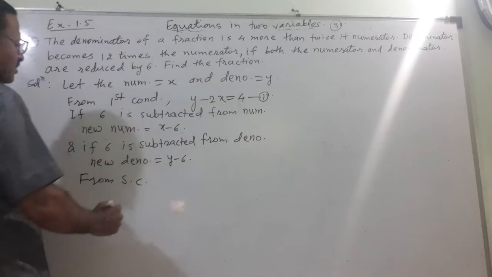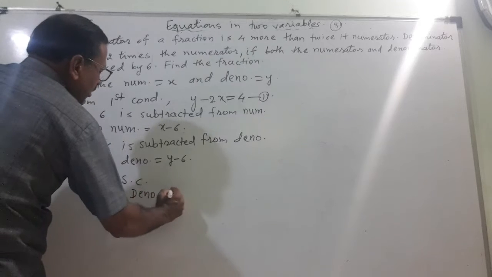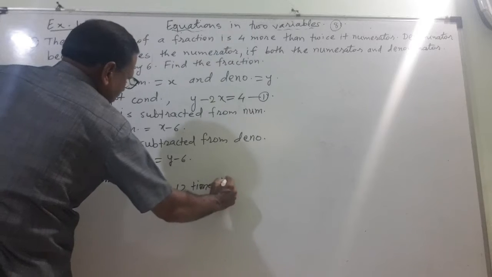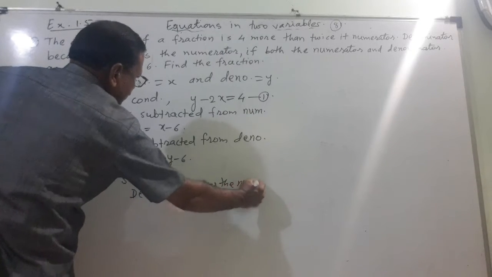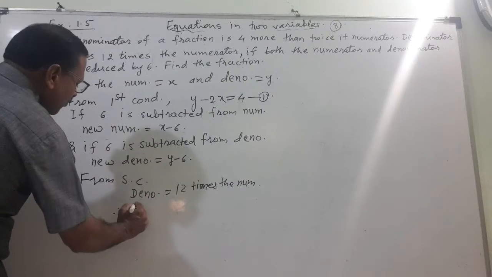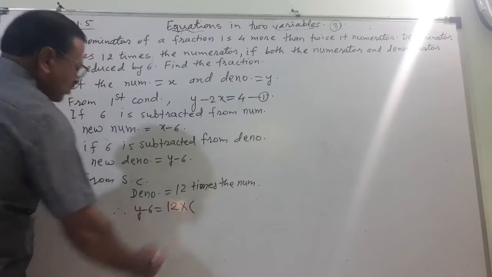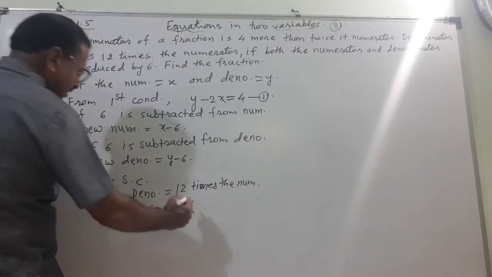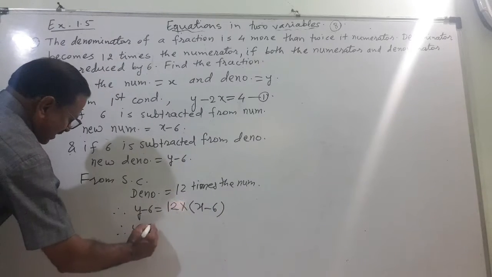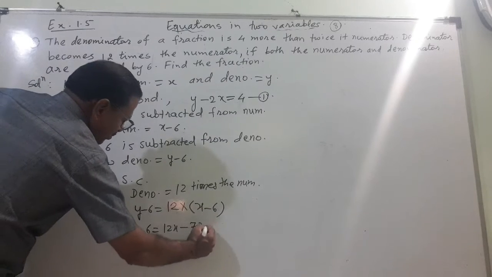Denominator equal to 12 times the numerator. What is the denominator this time? Y minus 6 is equal to 12 times x minus 6. Therefore, y minus 6 is equal to 12x minus 72.